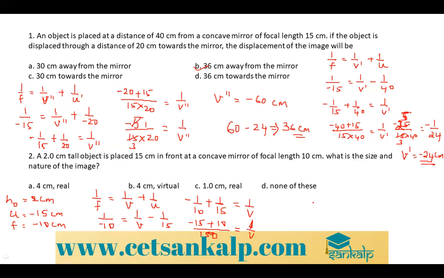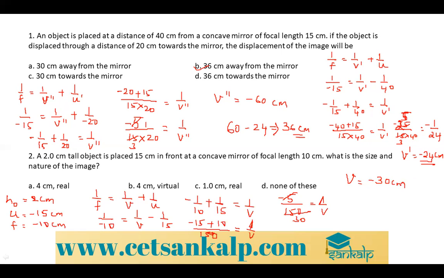Minus 15 plus 10 means minus 5 divided by 150 is equal to 1 by v. So 1s are 30s are. So v is equal to minus 30 centimeter is your answer.